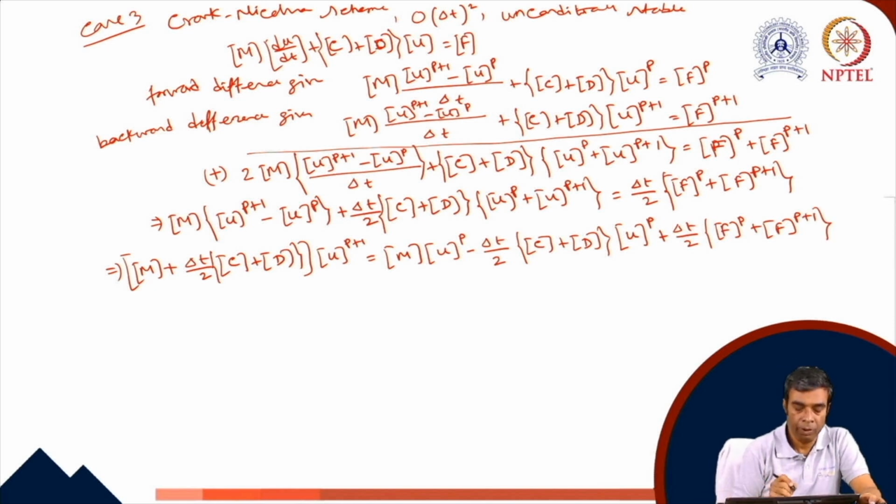Now the convection matrix and diffusion matrix together we can write as a stiffness matrix representation for compactness.